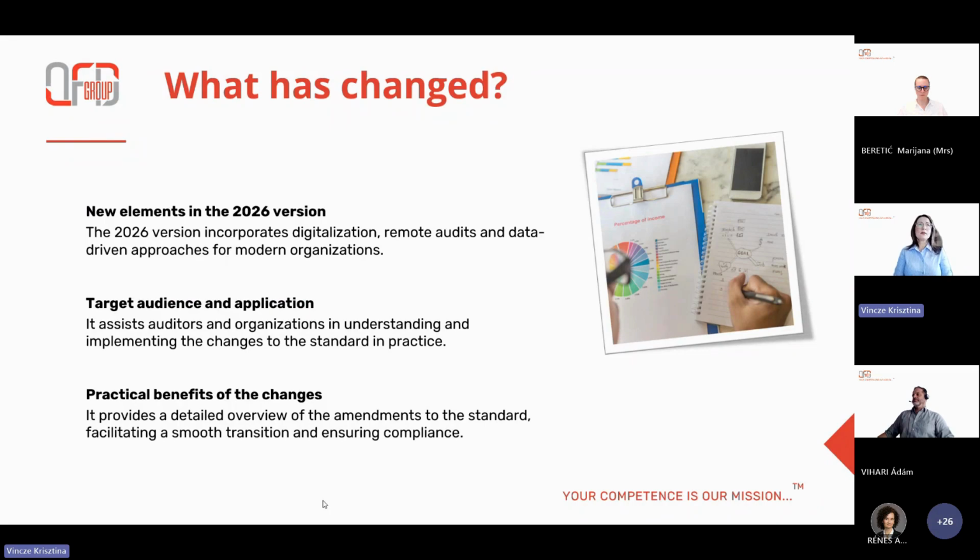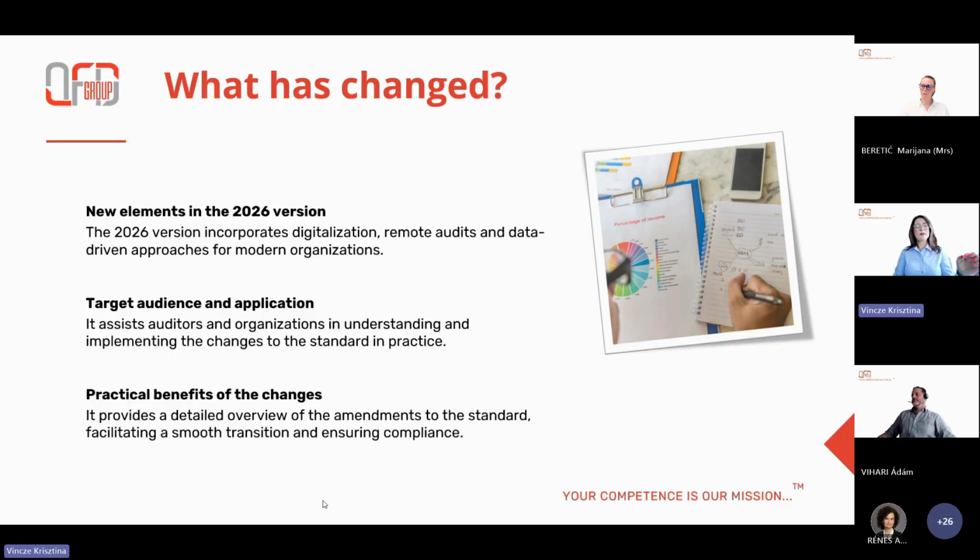For example, the main new element is remote audits: how we have to plan and how we have to conduct a remote audit. We will speak a little later about the new requirements.